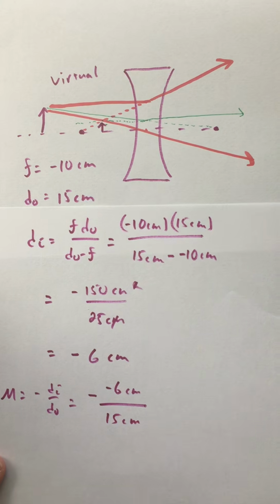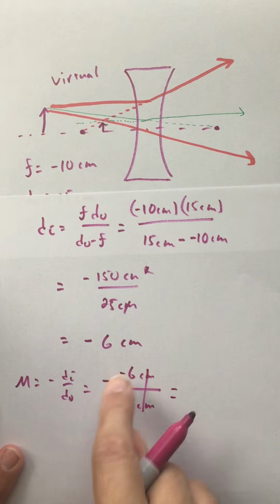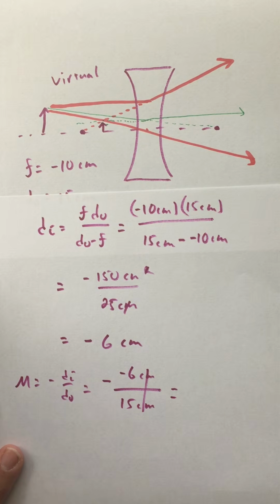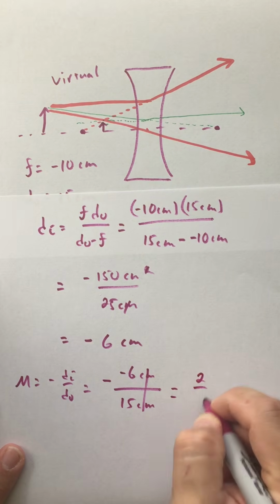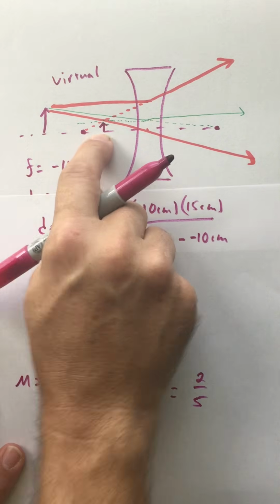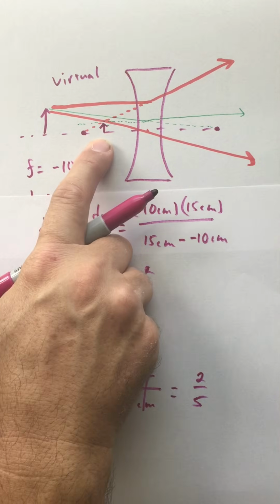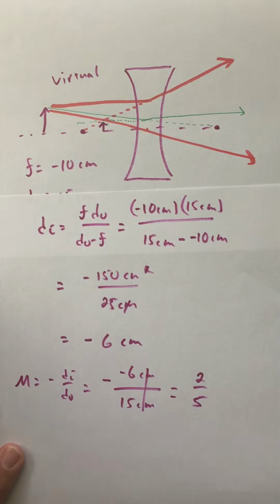Notice, please, the units go away. The magnification is a dimensionless quantity. I get two negatives make a positive. It looks like, what, 2/5? Less than 1, which tells me that the image is smaller, check, than the object. Positive, which tells me that the image is upright with respect to the object.